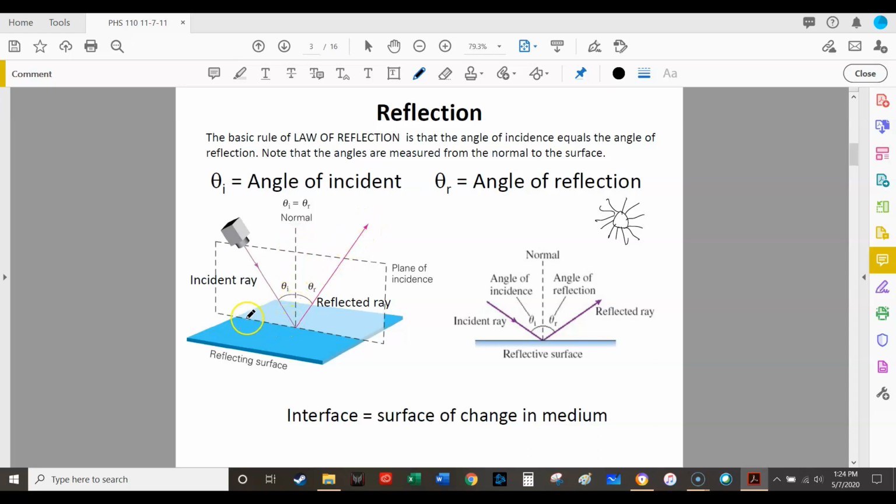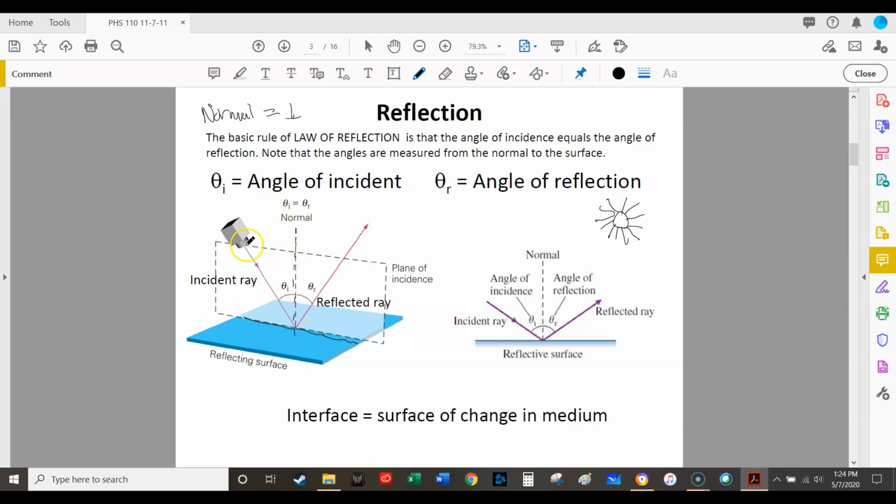Now, you're going to notice that the surface is right here, and there's this fake line called the normal, and normal means perpendicular. Okay, normal. Not that there's abnormal and normal. Normal means perpendicular.